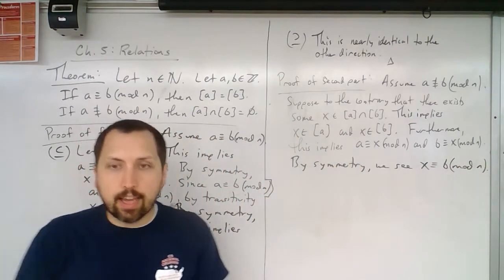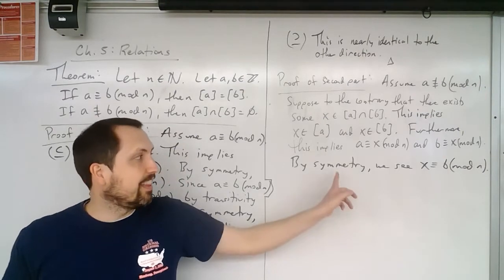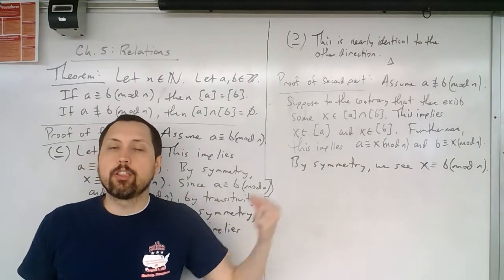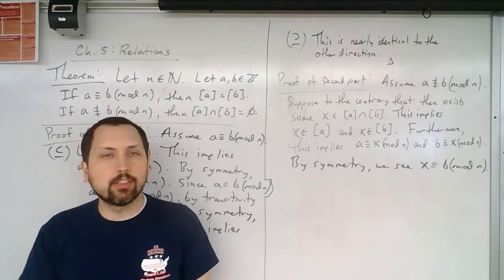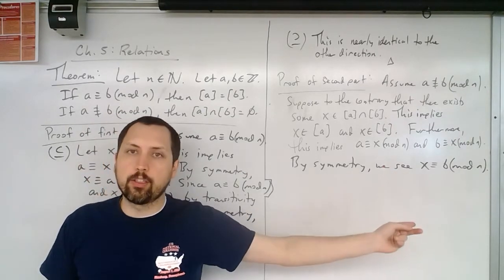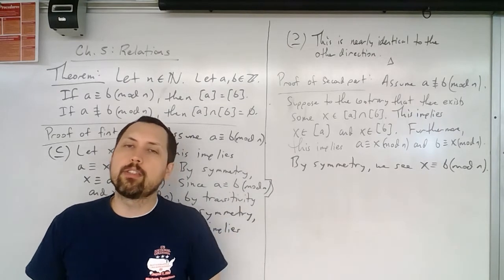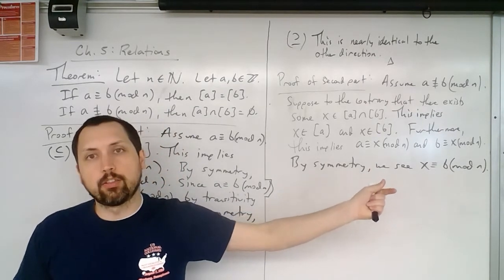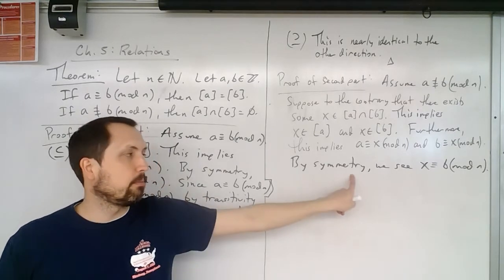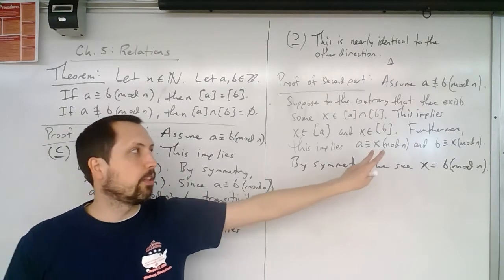Now, we have to be careful to state that by symmetry this is true, because it's not true for every relation. There could be lots of relations that don't allow us to freely switch these. So if we define congruence in a very wonky way, I can't just always freely switch these. So make sure that you're stating by symmetry, because that's the only reason that we can switch these two.